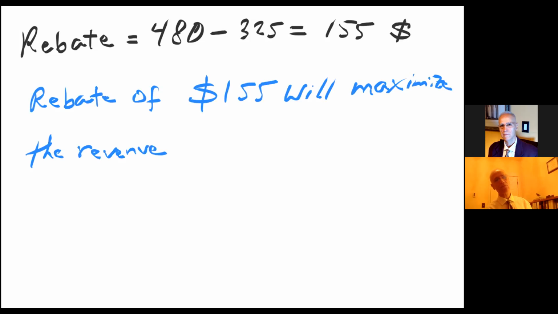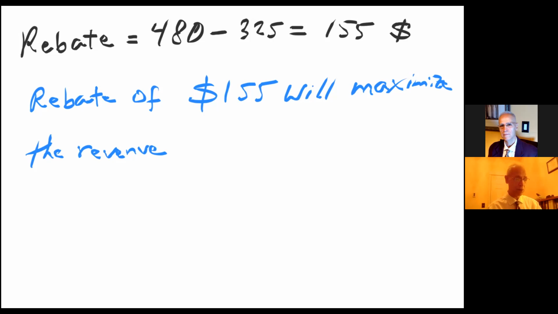Okay, so on part C of this problem, the question was asking what kind of rebate will maximize the profit? So what is revenue? Revenue is the total money coming in, but it includes both the cost and the profit.